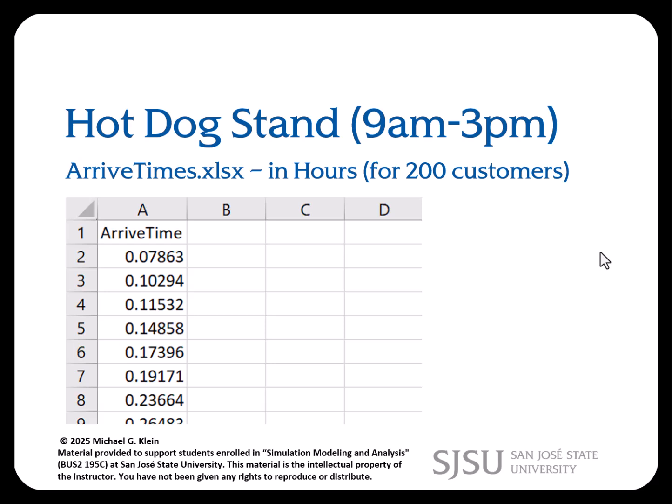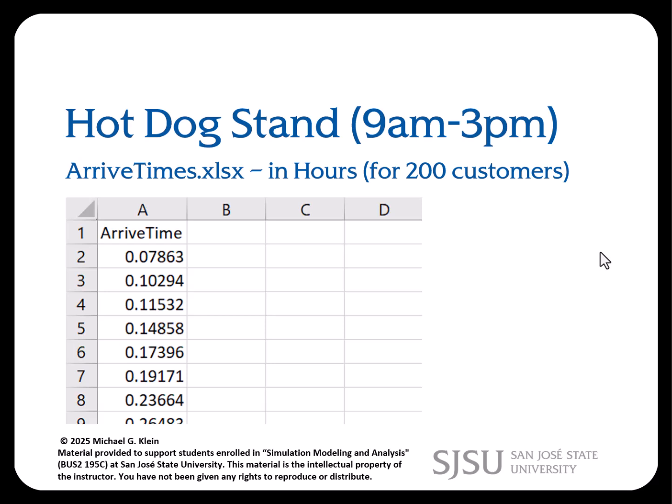Let's count the number of times we have customers arriving within each hour. At hour 1, 2, 3, 4, 5, and 6, we have 6 hours for this particular simulation model because the hot dog stand is open from 9 a.m. to 3 p.m., which is a 6-hour period.